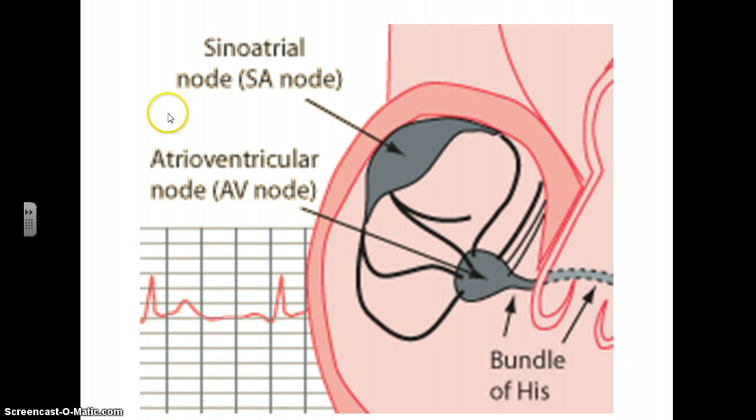Your heartbeat is controlled by what are known as nodes, and there's a node in your right atrium known as the sinoatrial node, and it's what gets the heartbeat started, and that causes the atriums to contract. And then it's passed on to what's called the atrioventricular node, and that stimulates the ventricles to contract.